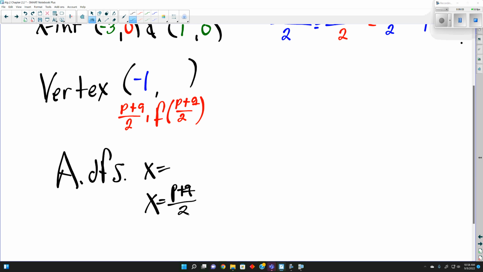That's the same. Because this equation and that one there are the same thing, aren't they? P plus q over 2. So whatever that x value of the vertex is will also be the same value we get with the axis of symmetry.